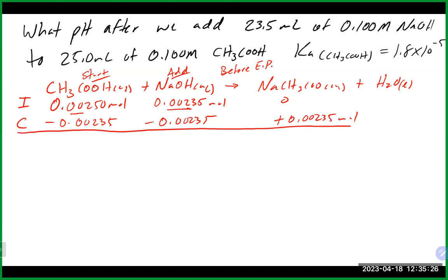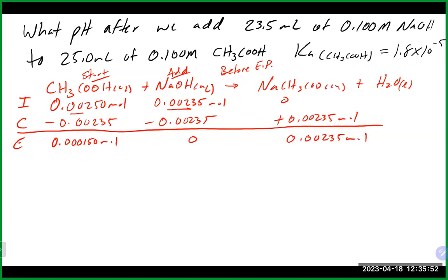That means that when we do reach equivalence here, we have 0.00250 minus 0.00235, which gets us 0.00015 moles of the acid, 0 for the base, and 0.00235 moles of the salt. Any questions on the ICE table at this point?